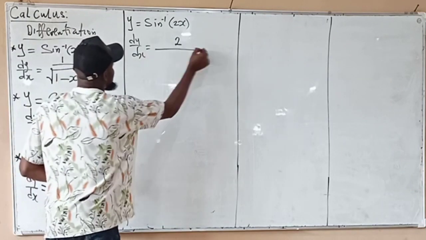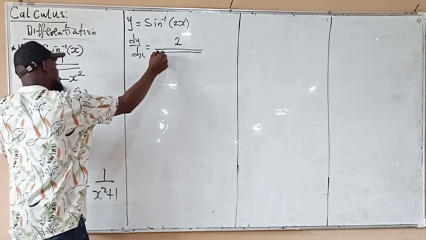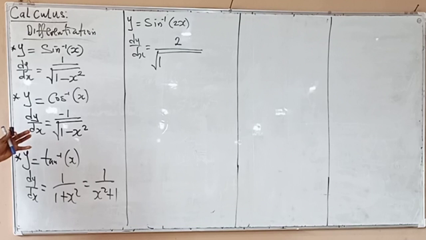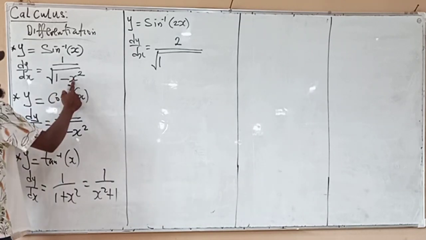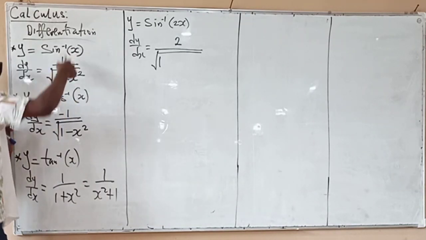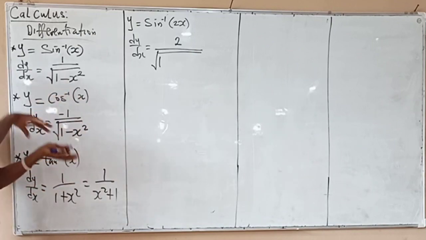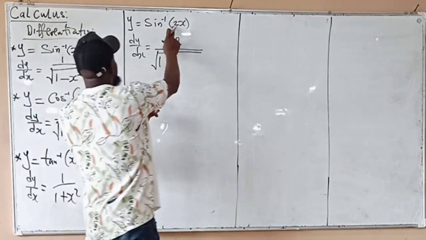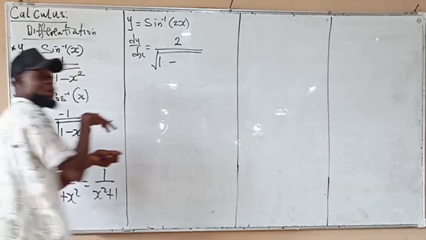What about the denominator? For the denominator, this other one is always 1. That one is constant. Always constant. But what about this x? This x and this x are always the same, but you now square it. So if you look at this one, we have 2x here. So it will be very wrong for you to put x there.